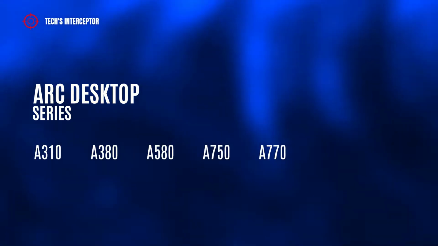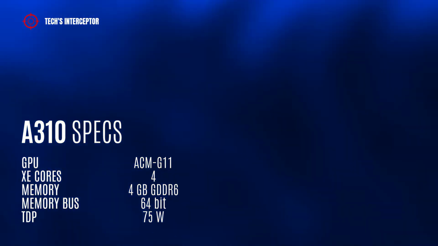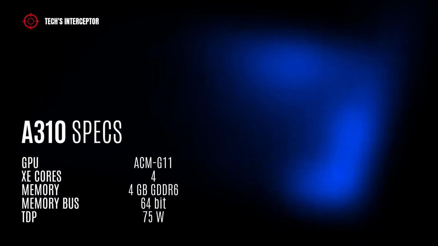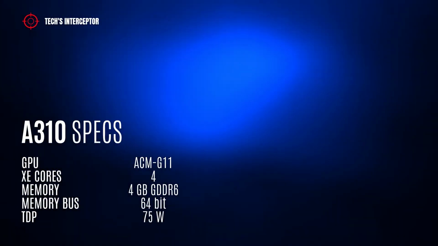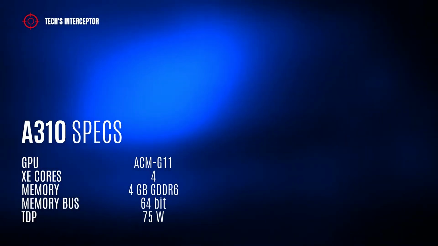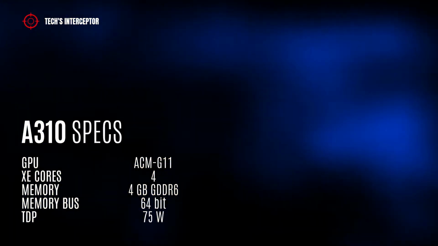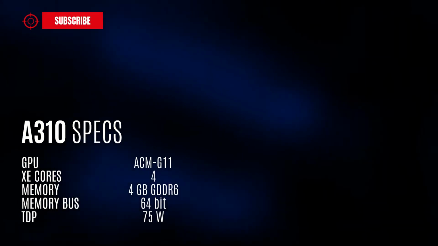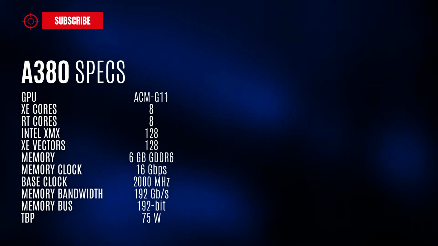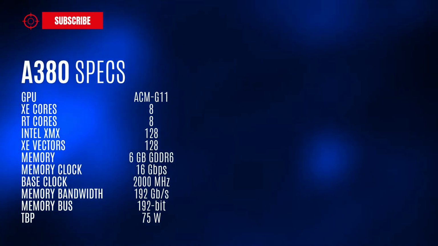These should have the following specifications. The entry-level A310 should have the ACM G11 GPU, 4 Xe cores, 4 GB of GDDR6 memory, 64-bit memory bus, and 75 watts of TDP. As already released, we know everything about the A380.